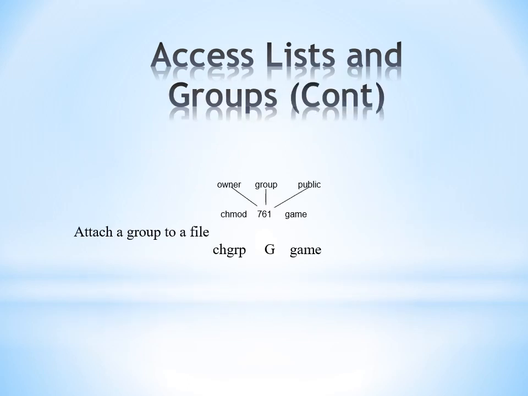So the mode access is normally used for the change mode permissions in Linux, whereby with chmod we can use 761 as the permissions. The 7 is represented by the owner, the 6 by the group, and the 1 by the public.